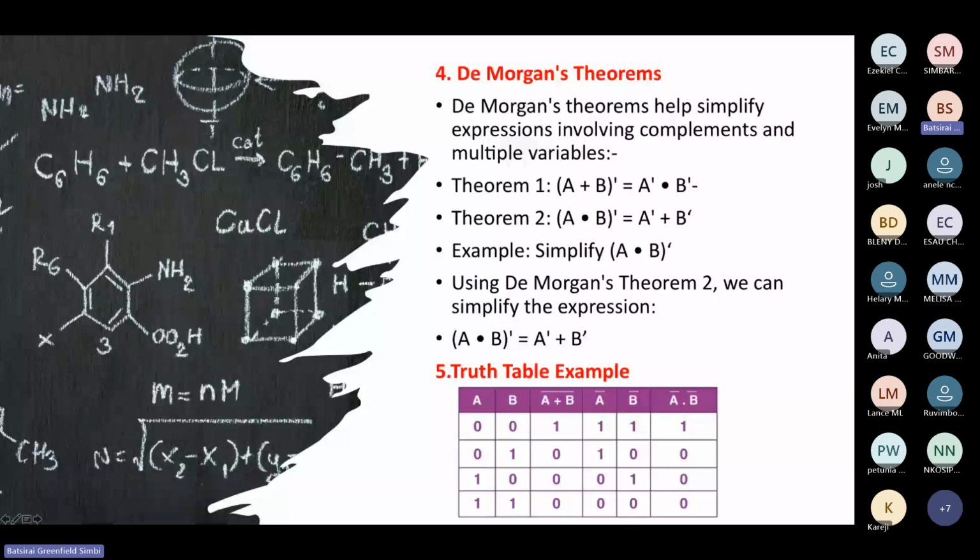If you observe here, the values of A plus B complement are the same as the values of A complement dot B complement. Here we have 1 0 0 0, right? Here also we have 1 0 0 0. So even if you are asked to prove this theorem using truth tables, you can just put the values here, then it will prove it for you. We have it here and here.